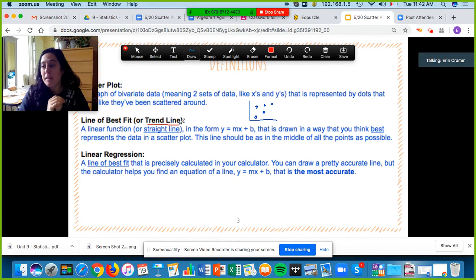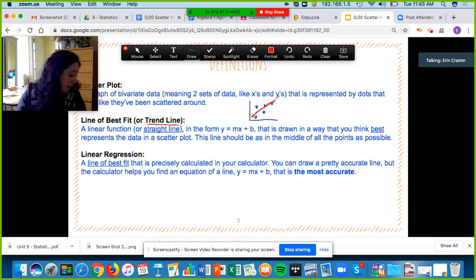Like in our last example, what temperature is it, and how much money do you make if you own a coffee shop. So there's a certain relationship that we can predict using a function that we're more familiar with, like in this case, a line. So I just drew one. This red line is a line of best fit or a trend line. It goes as in the middle of those points as possible.